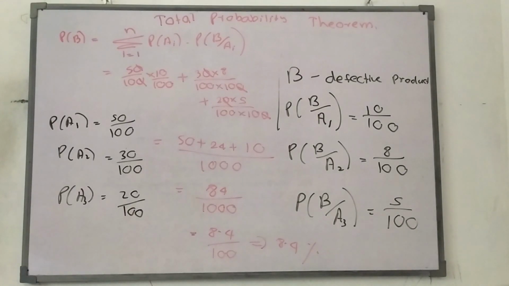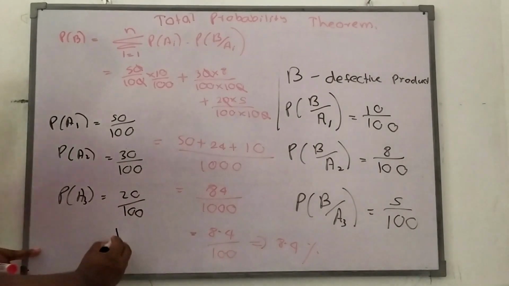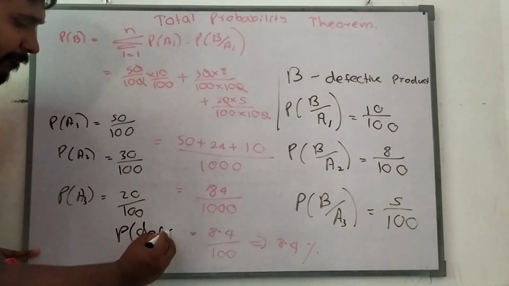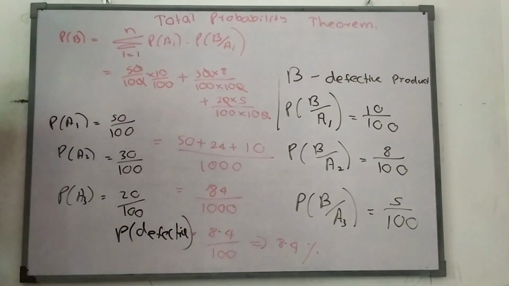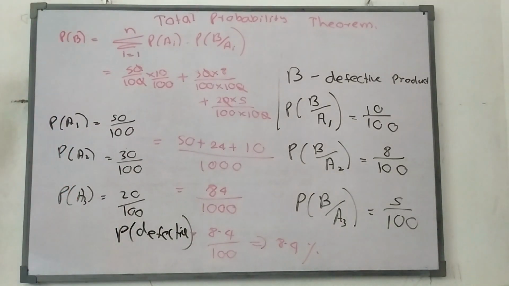So that is the probability of a defective product, which can come from A1, A2, A3, all.